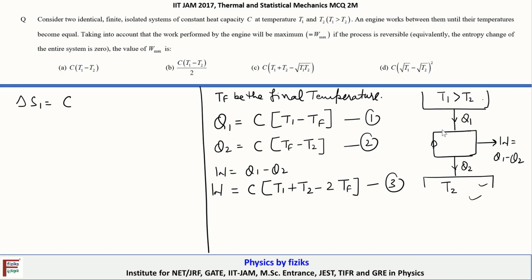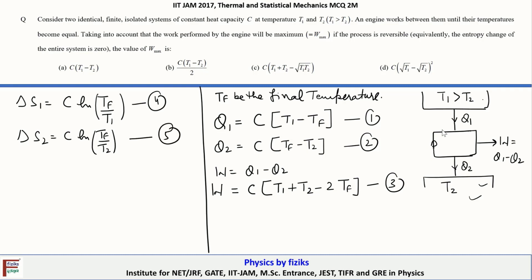So that will be C times the logarithm of the final temperature divided by the initial temperature T1. Let's call this equation number 4. Similarly the entropy change for reservoir 2 is C ln of final temperature divided by initial temperature, T2. This is equation number 5.